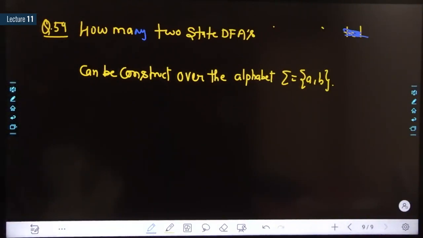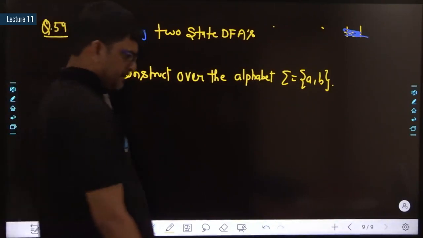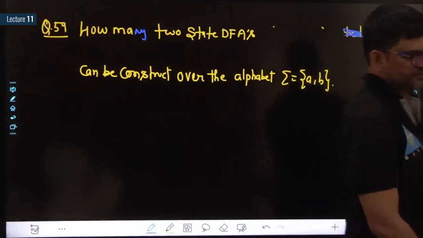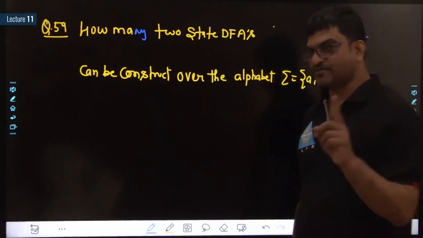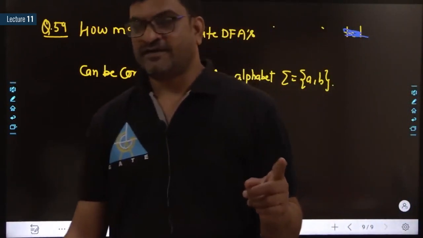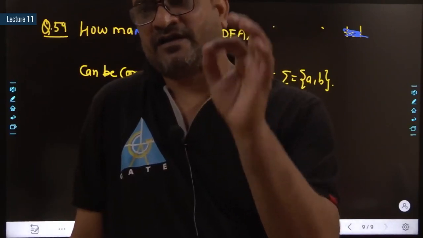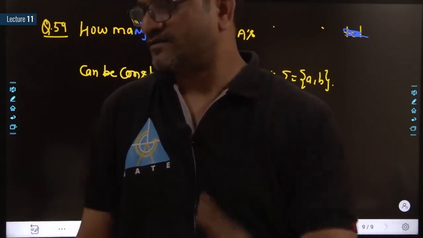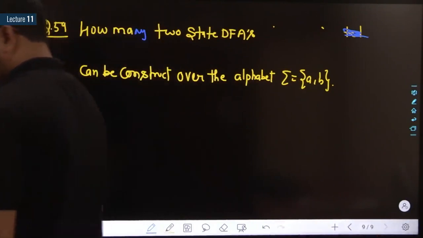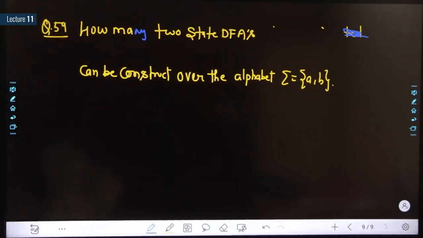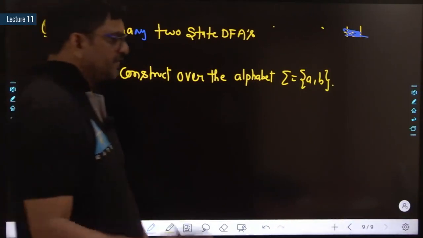Here, the initial state can be changed, either Q0 or Q1. A DFA always contains exactly one initial state. Every DFA contains exactly one initial state.